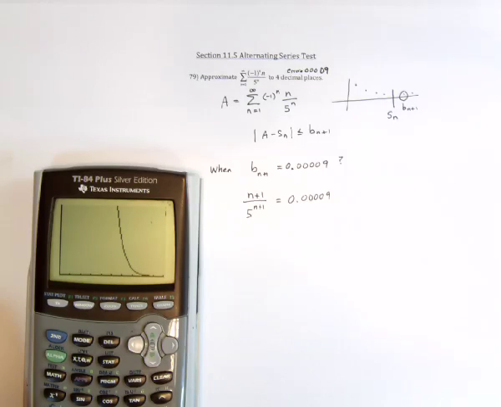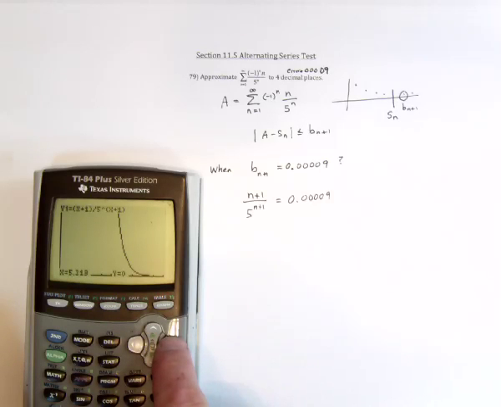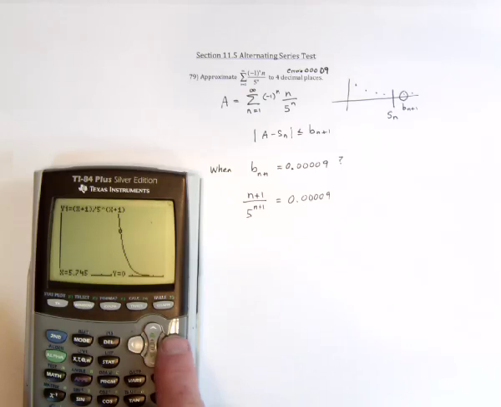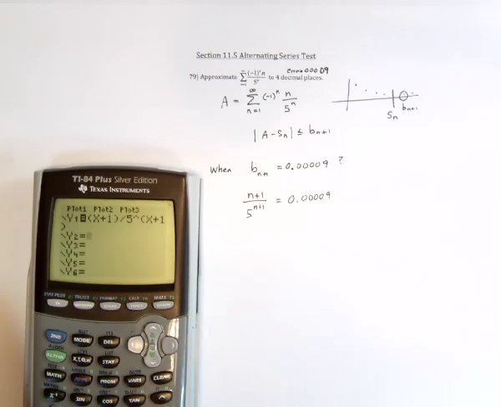So there goes the exponential function. Wow, it's so small the calculator's rounding it to 0. But I don't see my line. Oh, I didn't put my line. 0.00009. Then when do those two intersect?